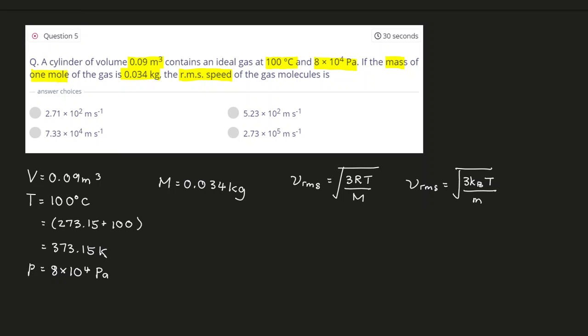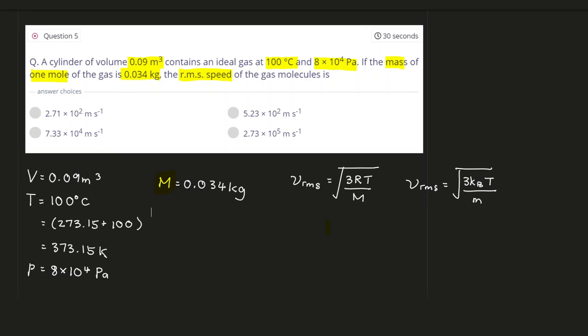So if you look at the situation here, they give you molar mass. If you are hesitating which equation to choose, they are the same equation. But since they give you molar mass, picking this equation will be a better choice because it's in molar mass, not in mass per molecule already.